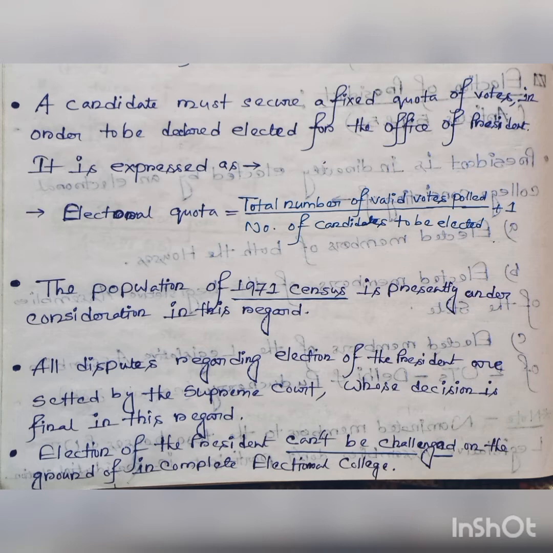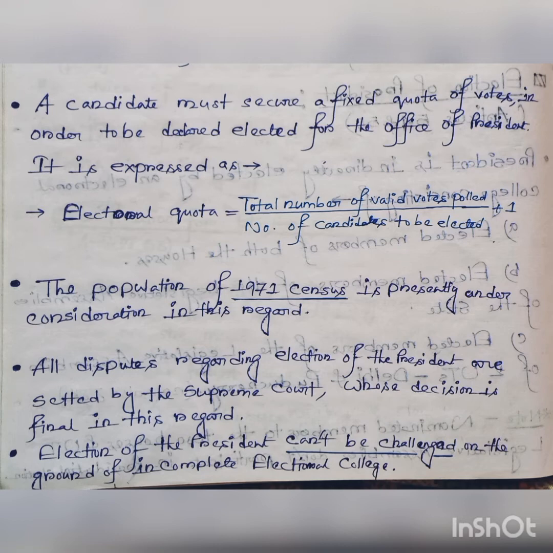So it is expressed as electoral quota equals total number of valid votes polled divided by the number of candidates to be elected plus 1. Next point, the population of the 1971 census is taken into consideration in this regard.